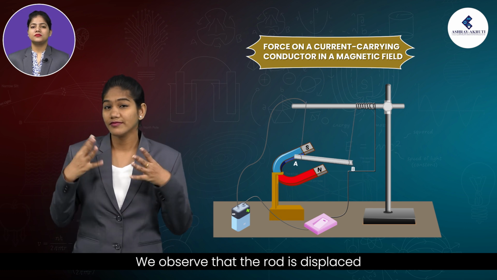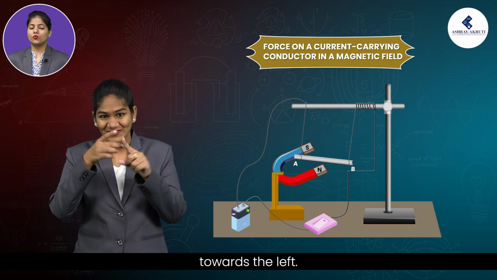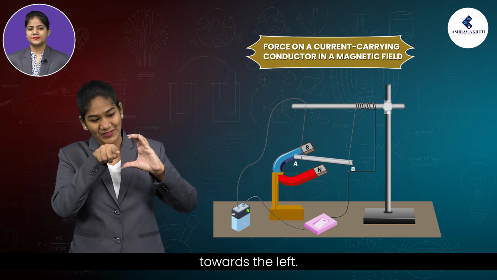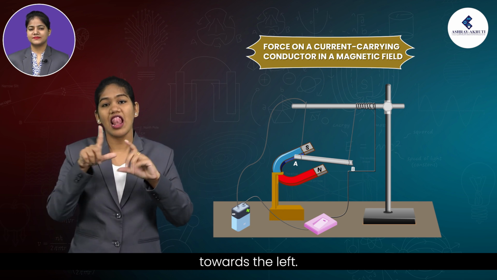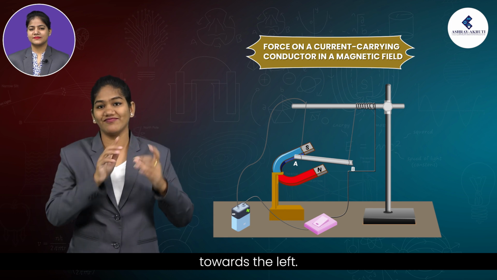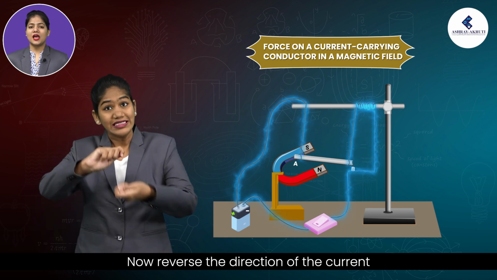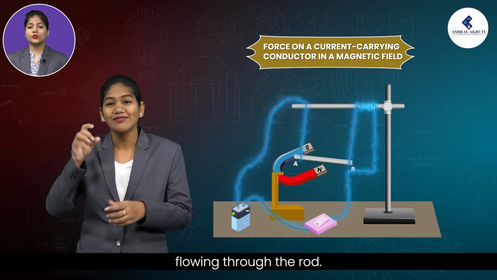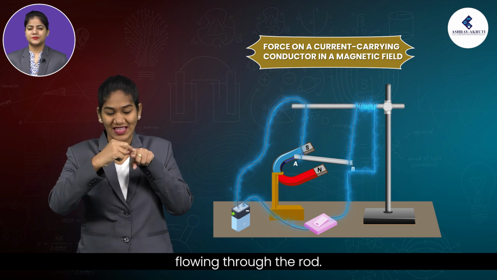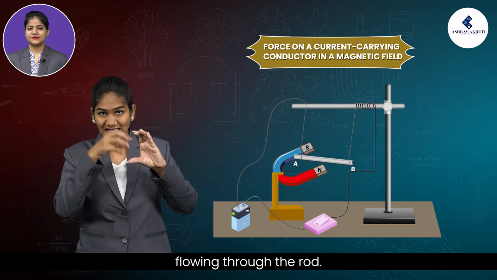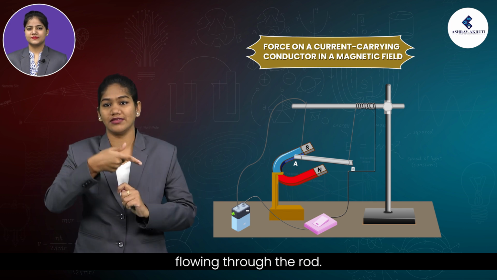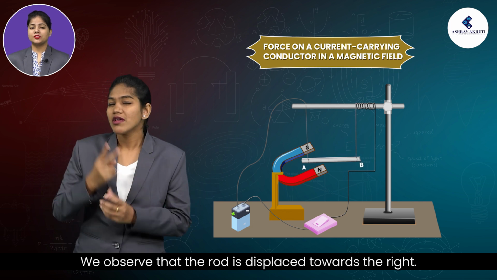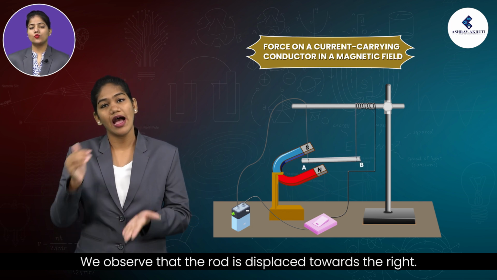We observe that the rod is displaced towards the left. Now reverse the direction of the current flowing through the rod. We observe that the rod is displaced towards the right.